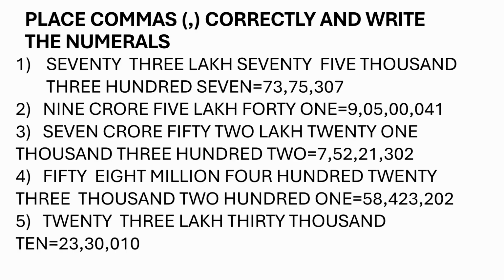Thousands are not given, 10,000s also not given, so we write 2 zeros in the place of 10,000s and thousands. Next, in the hundreds place also 0 is written. 41. 9 crore 5 lakh 41.